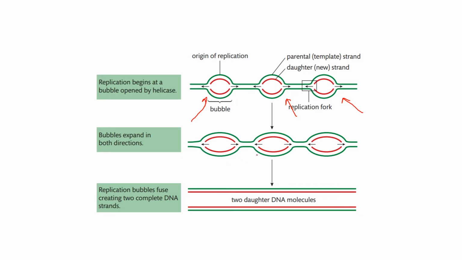So instead of just replicating in one area, this diagram is replicating in 3 different areas at once. So therefore, it'll get the entire process done 3 times as quickly. These replication bubbles expand in both directions, which eventually will leave you with two daughter DNA molecules. So that is the entire process of DNA replication.